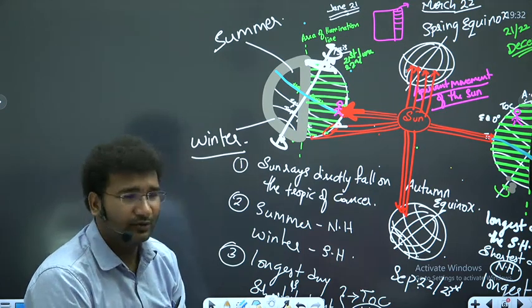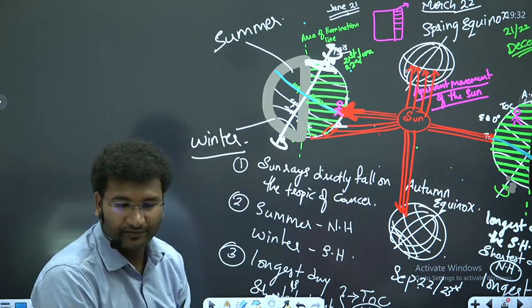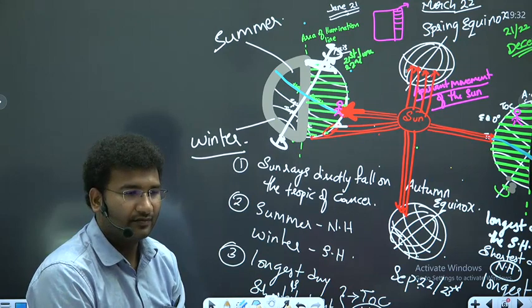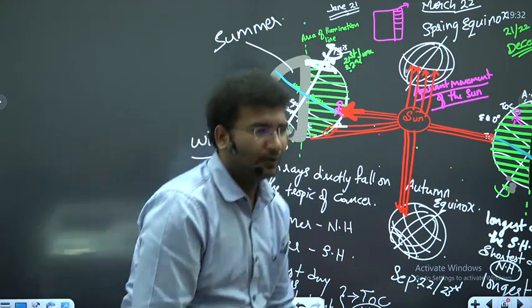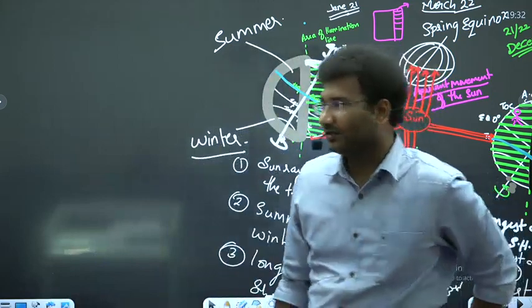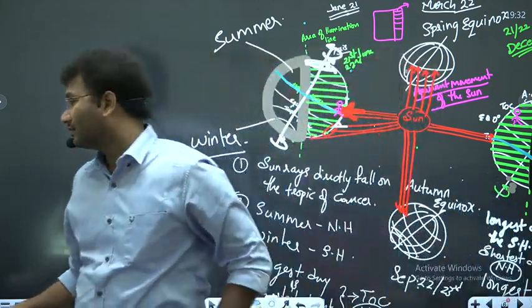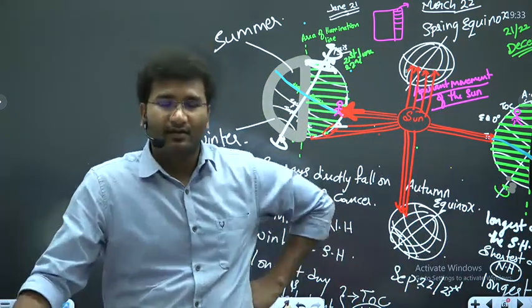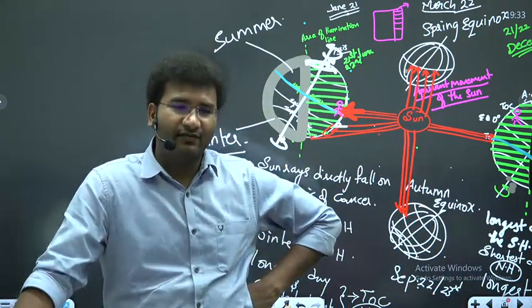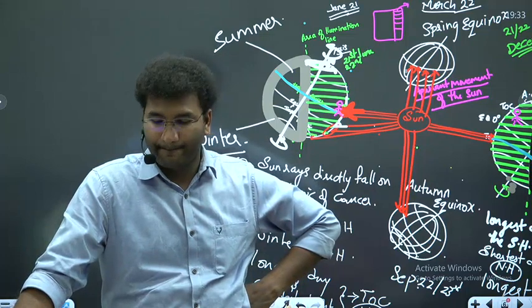Couple of lines more, quickly write down winter solstice. It is on December 22nd. Write point-wise. It is on December 22nd. The sun rays directly fall on the Tropic of Capricorn.